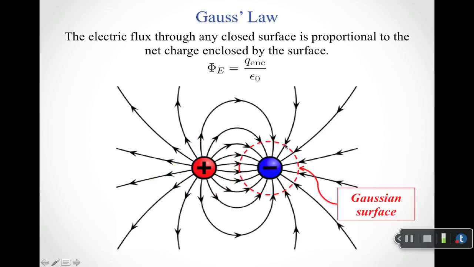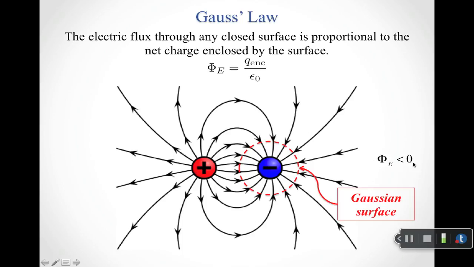Well, what if I switch and put my Gaussian surface over here? So again, I've got my dipole. Here I've got my negative charge that I've enclosed in my Gaussian surface. And so now what I notice is all my field lines are entering the surface rather than leaving it. So this is a situation where the electric flux is going to be negative. The charge that I enclose here has a negative value, so my electric flux is going to have some negative number divided by epsilon naught.